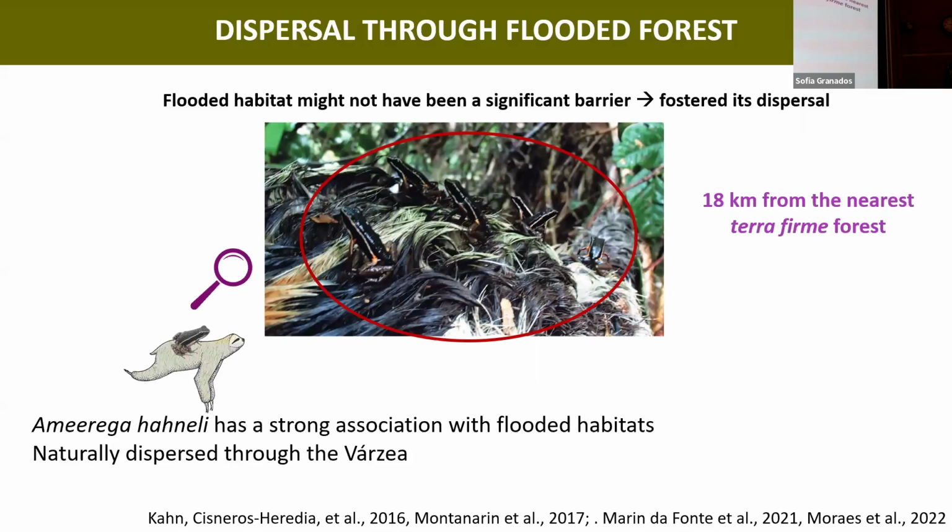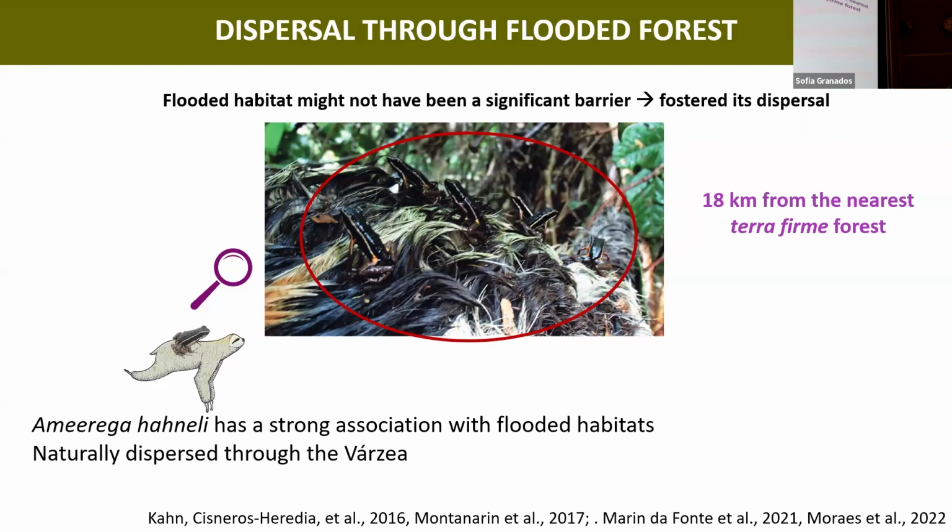The sloth was probably killed by a jaguar, and they realized that there were a lot of frogs here having fun, eating all of the ants and other insects that were there. What is very interesting is that this sloth was found 18 kilometers away from the nearest terra firme forest. So they can actually disperse through this habitat using many different rides.